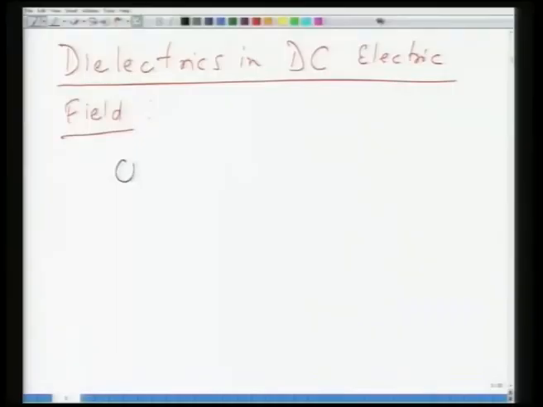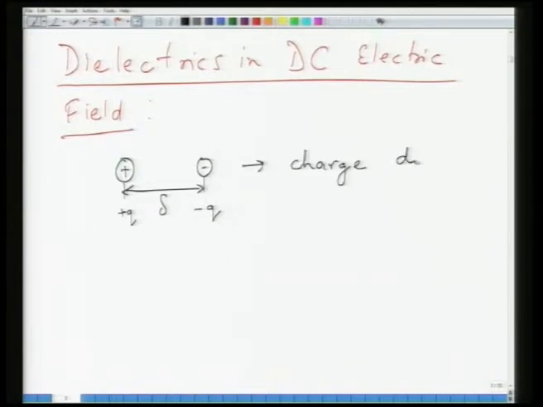So, when you apply electric field, if you have a positive charge and a negative charge, they have a separation between them. This is plus q, this is minus q, and the distance between these two charges is, let us say, delta. And if this happens, this is called a charge dipole, and this system, upon application of field, is called polarized.